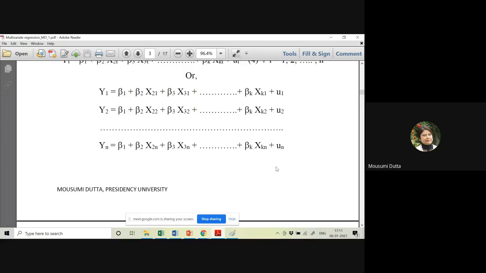Under most circumstances you have no idea about the population variance and you need to estimate it. Already in the two-variable case, you don't know the value of sigma square, you estimate it, and you found that RSS divided by the degrees of freedom is the estimate of sigma square.